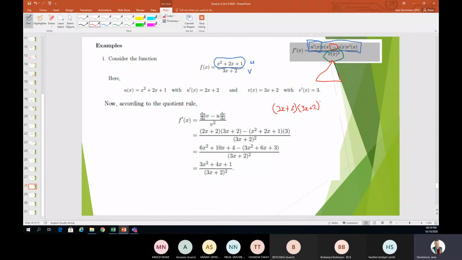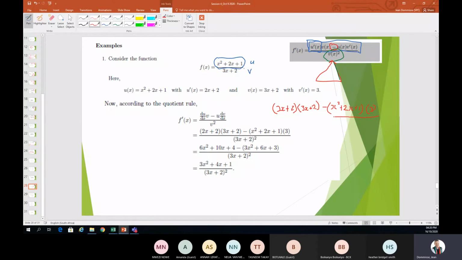Okay, so that was for 1, then minus, so we take the top one, and we multiply it by the differentiation of v, which is the bottom one, so that is just multiplied by 3.